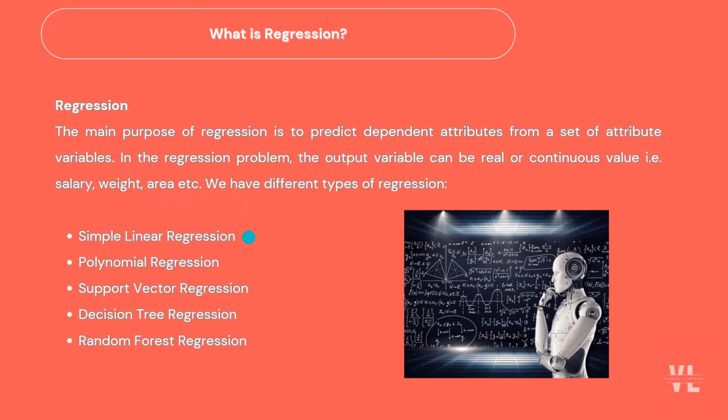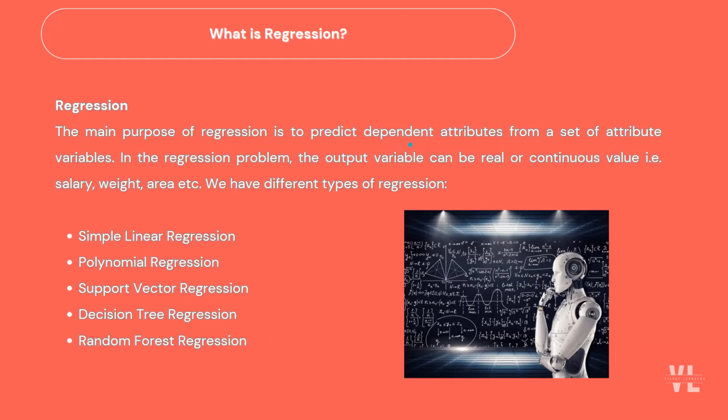We have different types of regression. This can be a simple linear regression model, a polynomial regression, support vector regression, decision tree regression, and random forest regression. So basically regression is made up of two basic components.